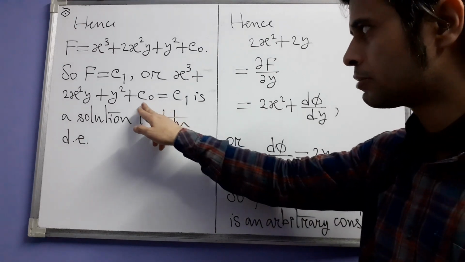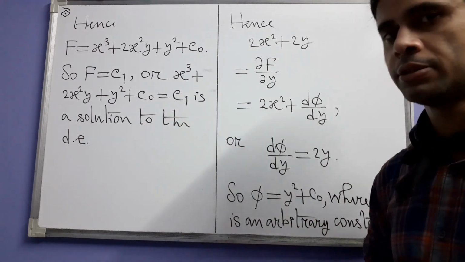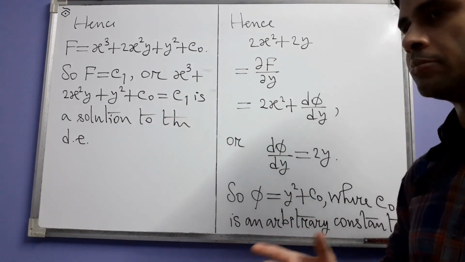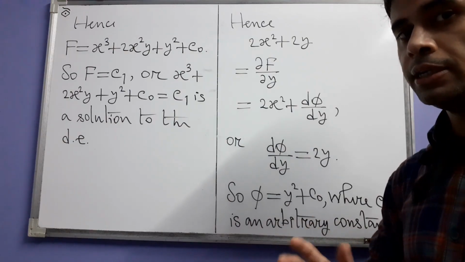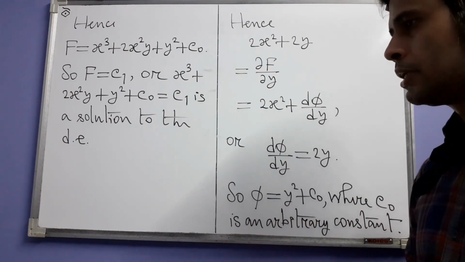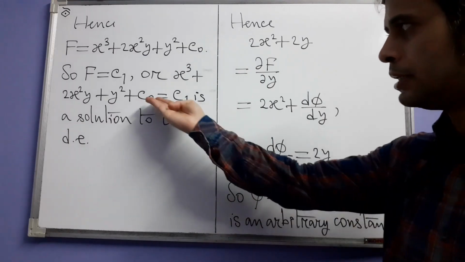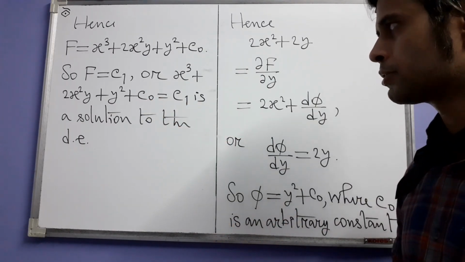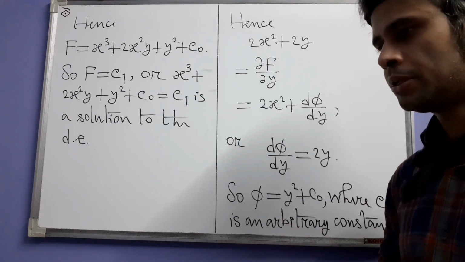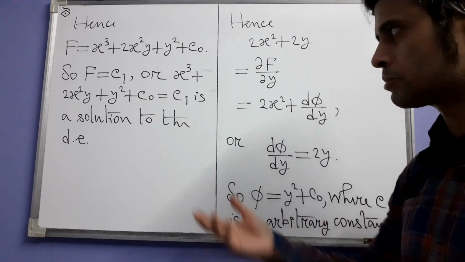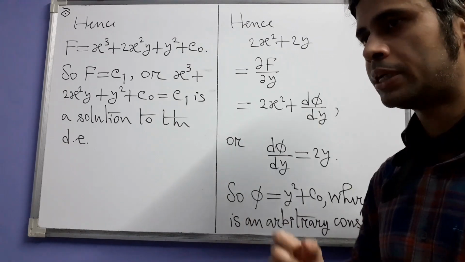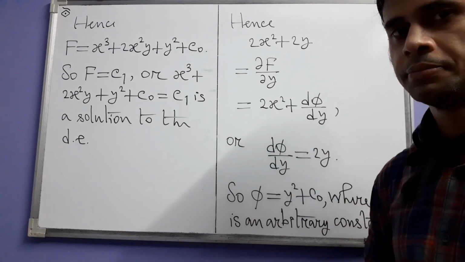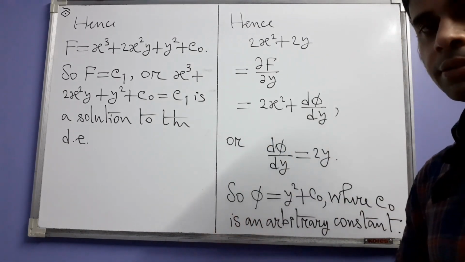Now it seems like we have got two arbitrary constants, but actually these two arbitrary constants are not independent of each other. Well, you can take anything in place of c0 and you can take anything in place of c1. So that way you can think of them as independent constants, but ultimately they can be combined to give one constant. So that's what we write next.